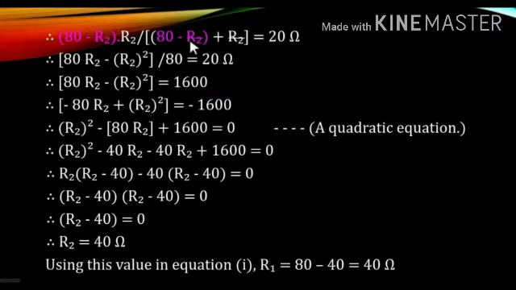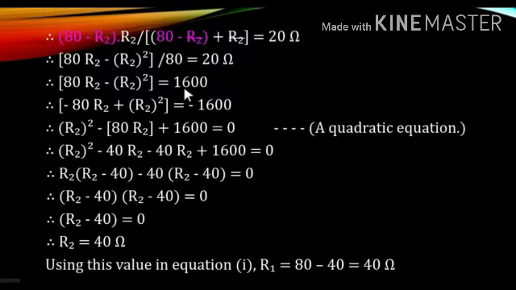Here minus R2 plus R2 will be cancelled by each other, and then in next step we will get 80 into R2, that is 80 R2, minus R2 into R2, that is R2 raised to 2, divided by 80 is equal to 20 ohm. Now 80 R2 minus R2 raised to 2 is equal to, this 80 is taken to the right hand side, that means it will go into the numerator and it will multiply this 20 to form 1600.